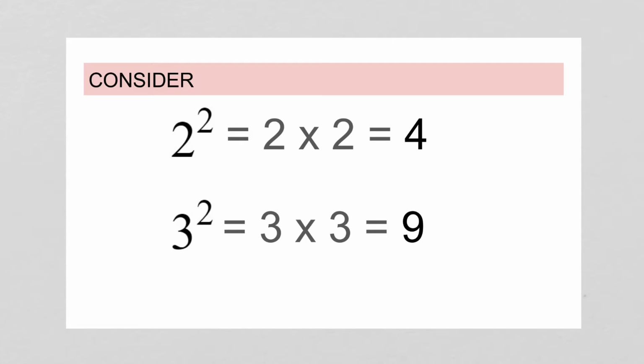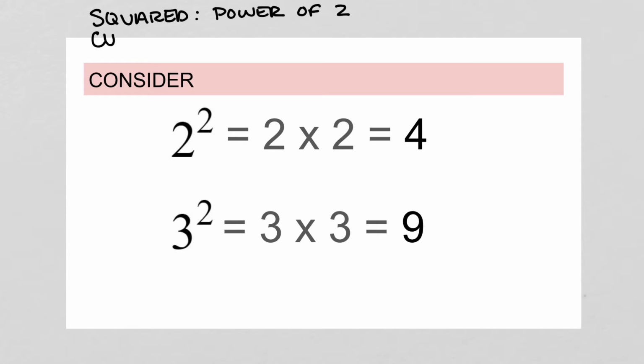Let's look at some things. If we wrote being raised to a power out in an extended form, what does that really look like? Well, 2 squared, that's a good side note. When I say the word squared, what am I talking about? When I say the word squared, that means it is raised to the power of 2.